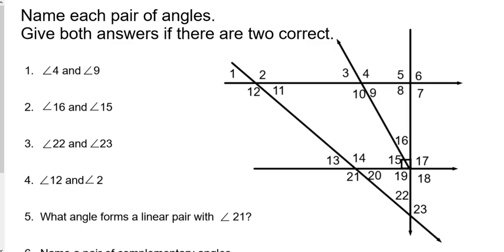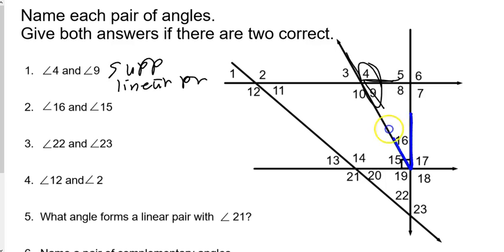All right. Wow, look at that. Lots of stuff going on here. 4 and 9. So 4 and 9 are right here. 4, 9. They form a straight line. So they are supplementary and linear pair. 16 and 15. Well, 16 is right here. 15 is right here. And notice they form a right angle, 90 degrees. So they are complementary.